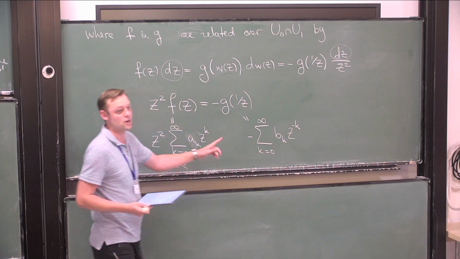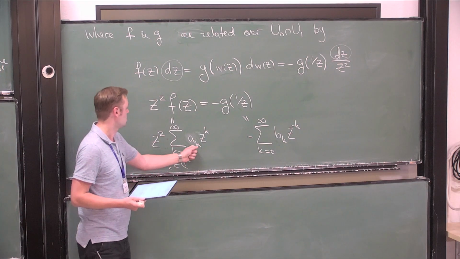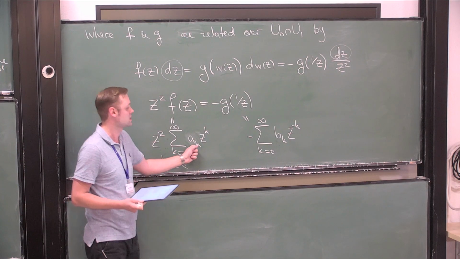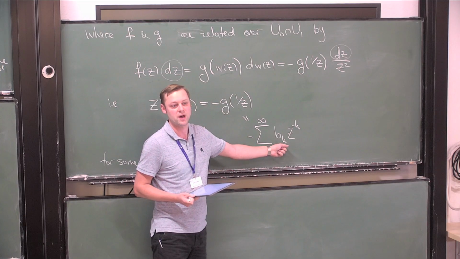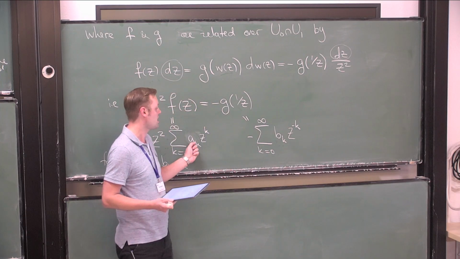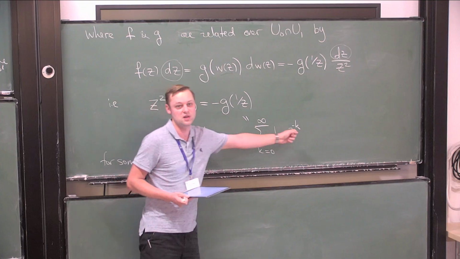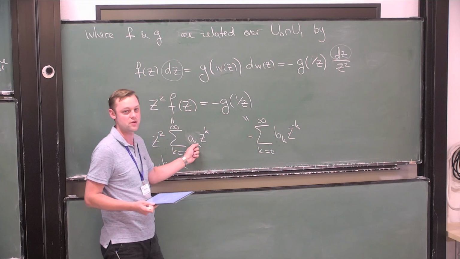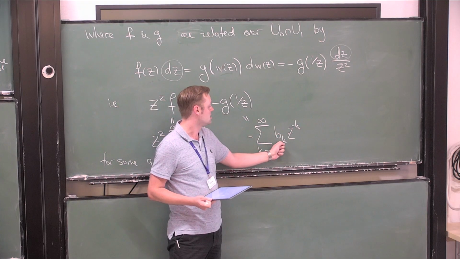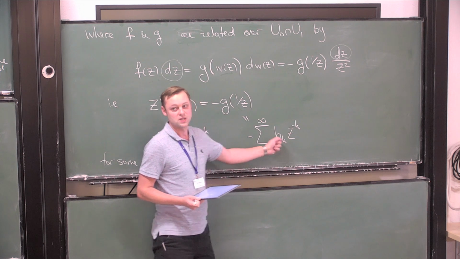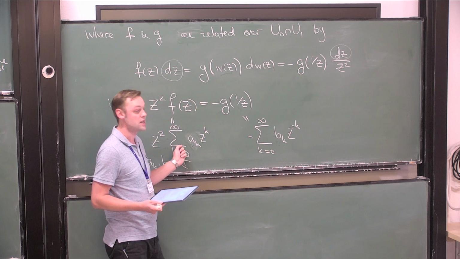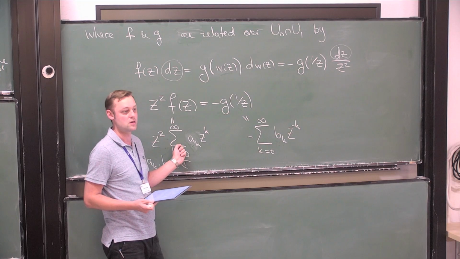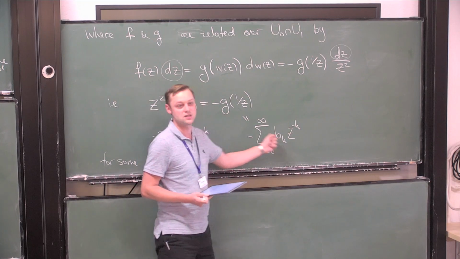So if we compare coefficients order by order, we see that the 0th coefficient here, a_0, must be 0 because there is no corresponding power on the right-hand side. So a_0 is 0, a_1 is similarly 0. So all these coefficients must be 0. And similarly here, b_0 is 0 because there is no corresponding z to the 0 power, and b_1 is 0, and so on.